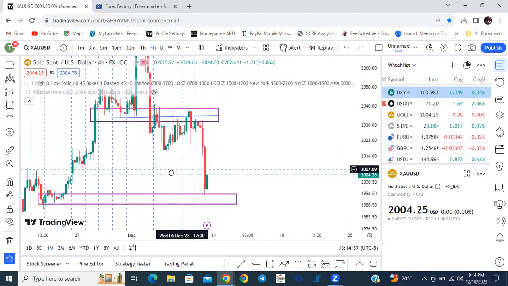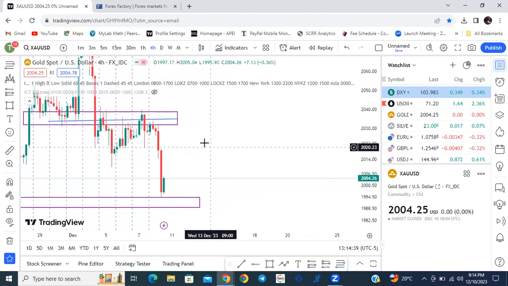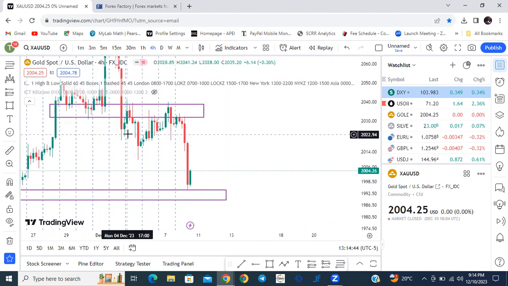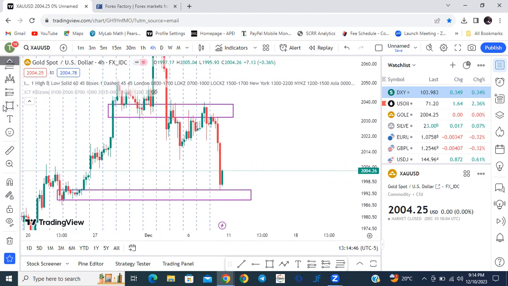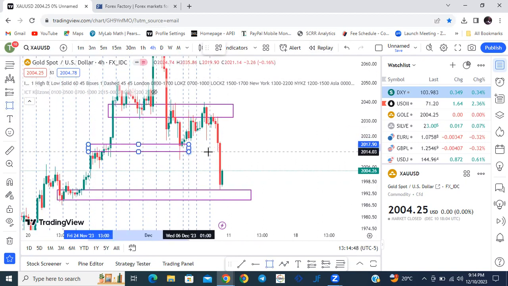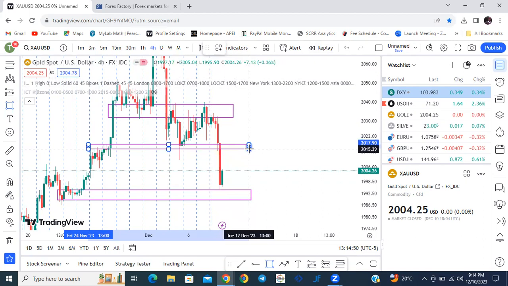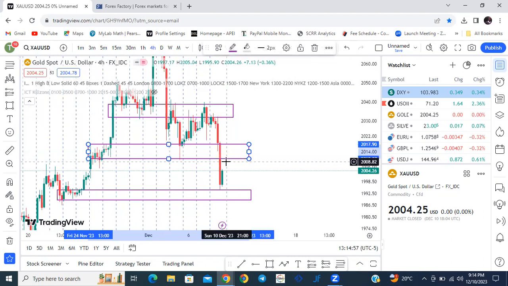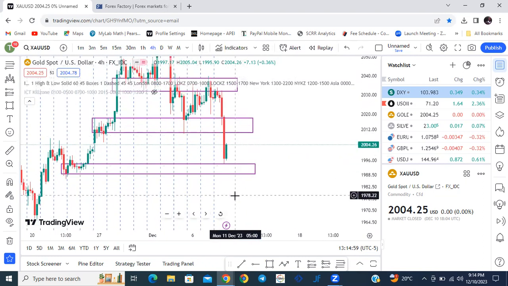Then from the uptrend, on the upside, we have again this key level around that region, and we might see the price come all the way to that area, and then probably we see a downtrend.